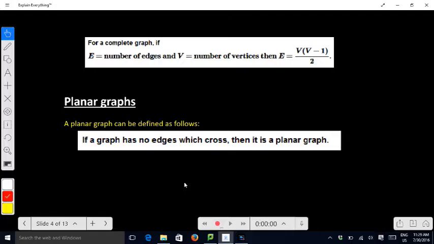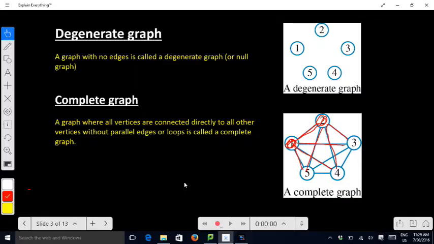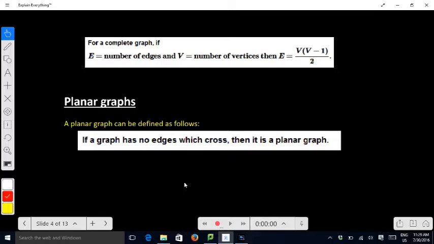Just as an example for this one here, we had 1, 2, 3, 4, 5 vertices, and there's 1, 2, 3, 4, 5, 6, 7, 8, 9, 10 edges for that one.